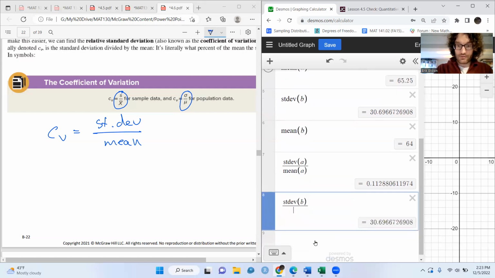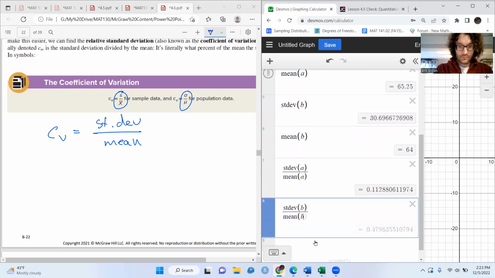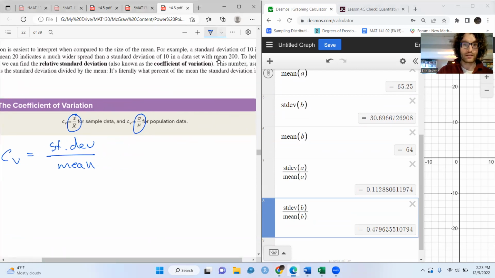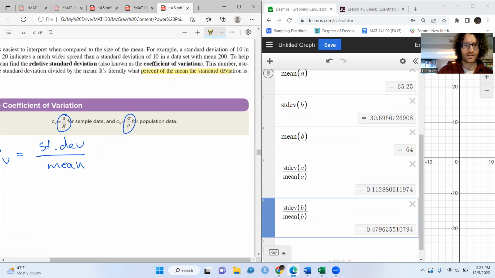Here's the second one. And this sentence is a really good sentence: it is literally the percent of the mean the standard deviation is.